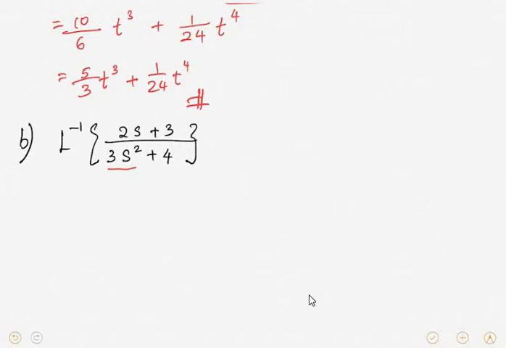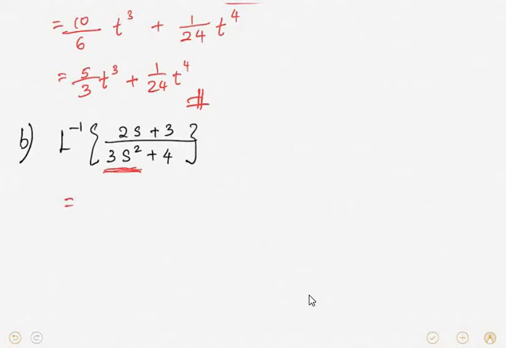We only have a single s or s squared. Therefore, we need to divide by 3.